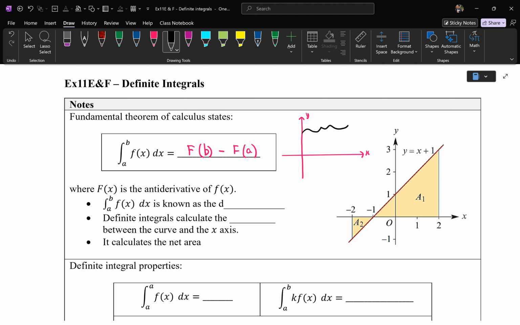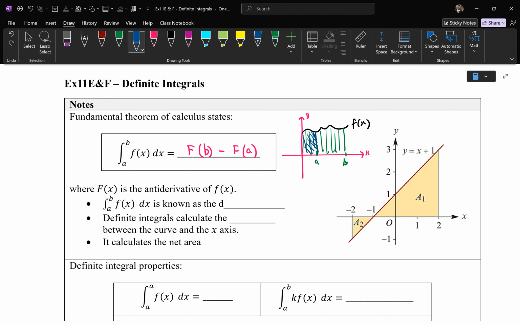If you have the curve f of x, and we're saying that anti-deriving it gives you the area, so between A and B, so the area of B, if you did F of B, it's finding the area all the way up to B, and you minus the area of F of A, then you get the area between A and B. Okay, because if we're saying that anti-deriving is the area under the curve, then we're saying F of b is the area between, well, F of b here of the function, and then F of a must be then the area from A and below.